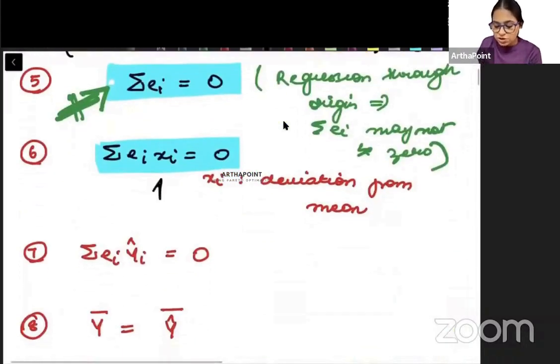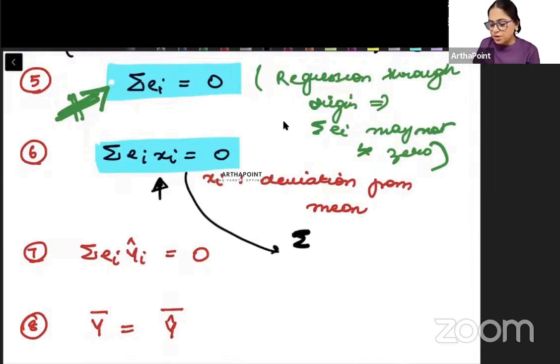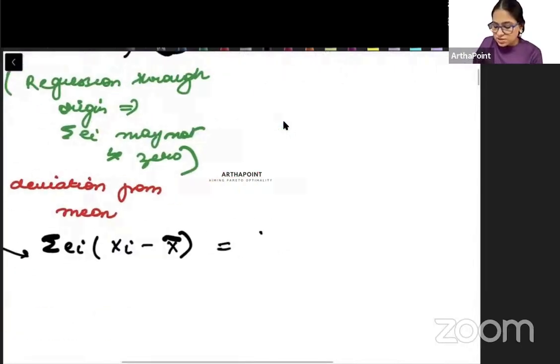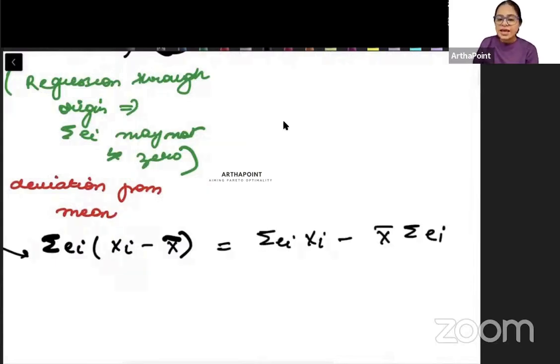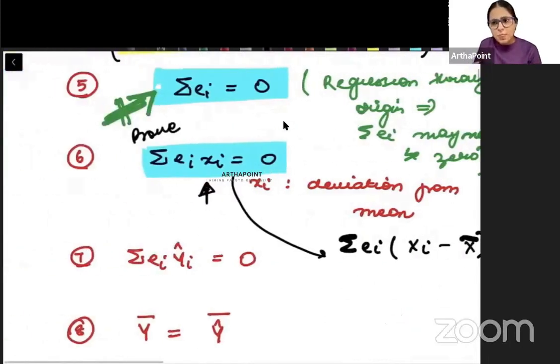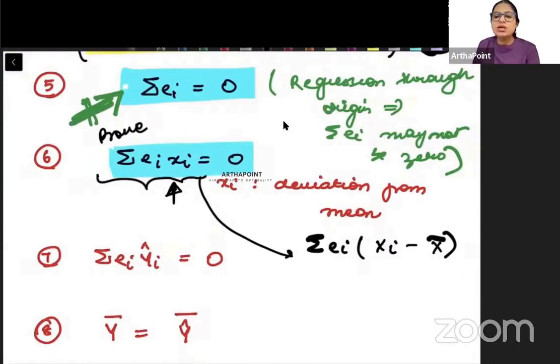And when I talk about equation number 6, in this xi is in the deviation form. So we can open this up as summation ei (xi minus x bar). Suppose this comes as a proof, to prove summation ei small xi is 0, then this will be summation ei xi minus x bar summation ei, and we know that summation ei xi is 0, we wrote that above, and we know that the sum of the error term is also 0, so this will be 0 minus 0, that means 0. So we can say that summation ei small xi will also be 0.